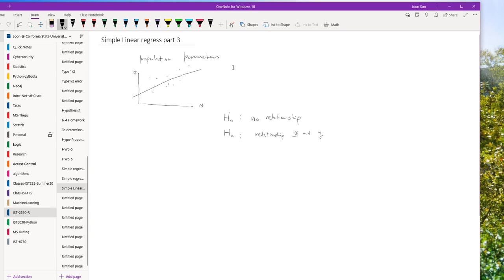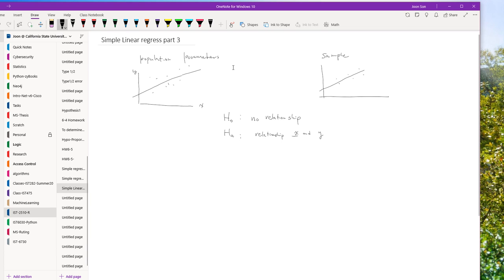But this is not available, right? That's why we need to have a sample. And from the sample, we can get the estimated regression line, because in a sample we don't have as much data as the population.